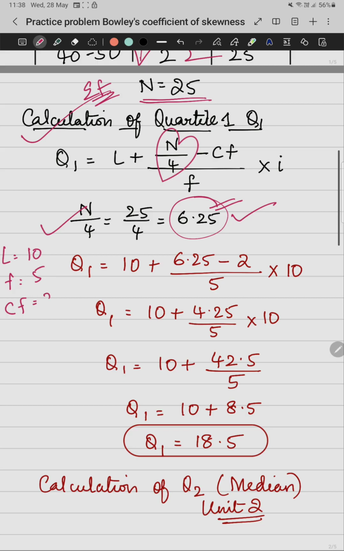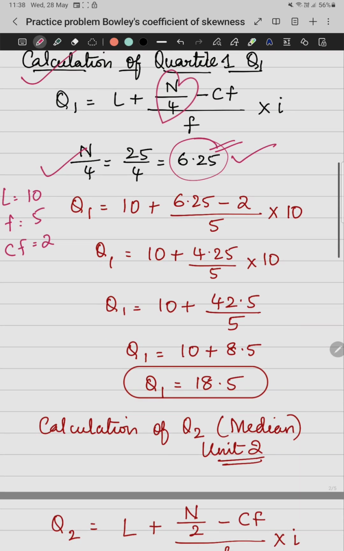Okay. So you can see the formula, L plus N by 4 minus cumulative frequency, divided by frequency, into I. So I'll write it as it is: 10 plus 6.25 minus 2, divided by 5, into 10. Okay, so now first we'll solve this. 6.25 minus 2 is 4.25.